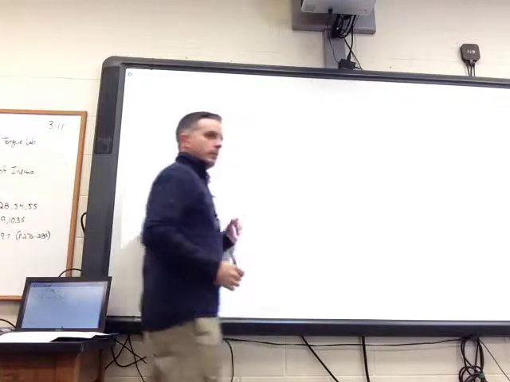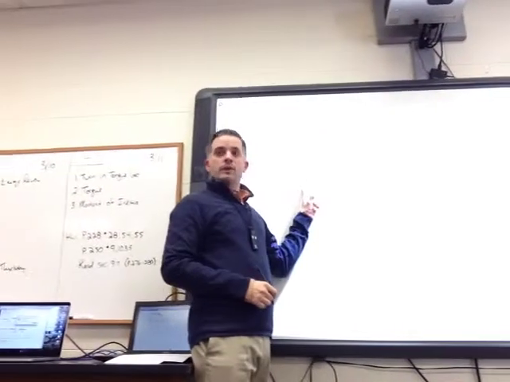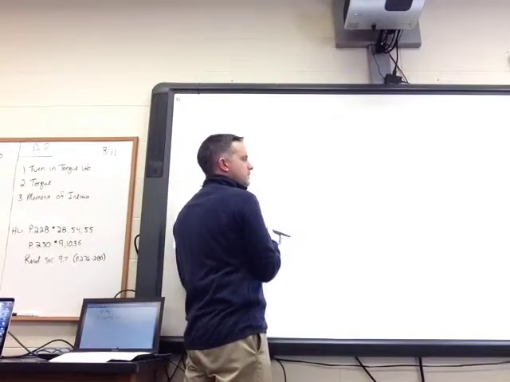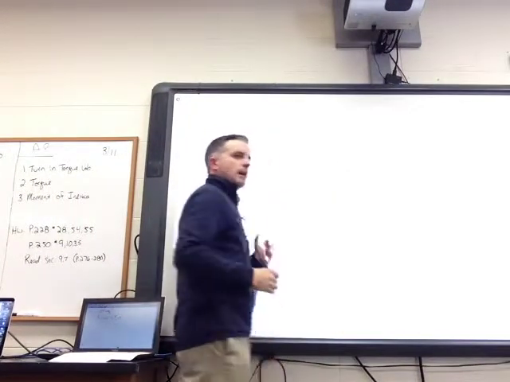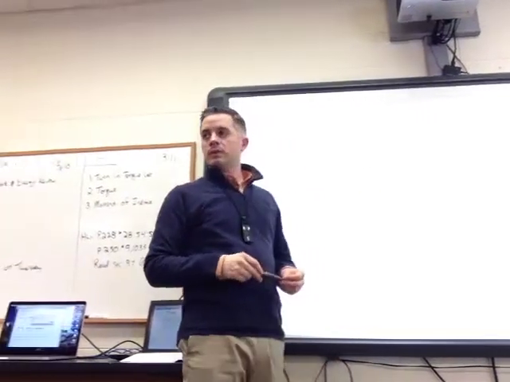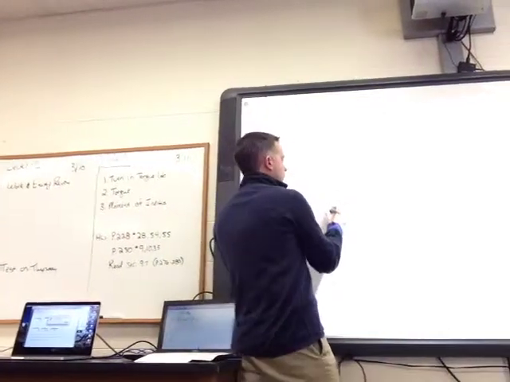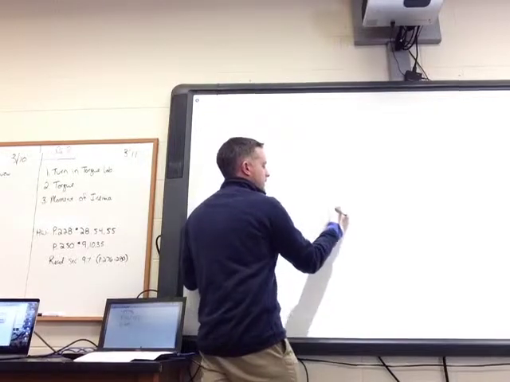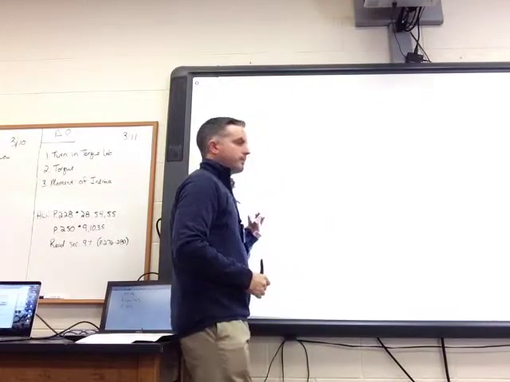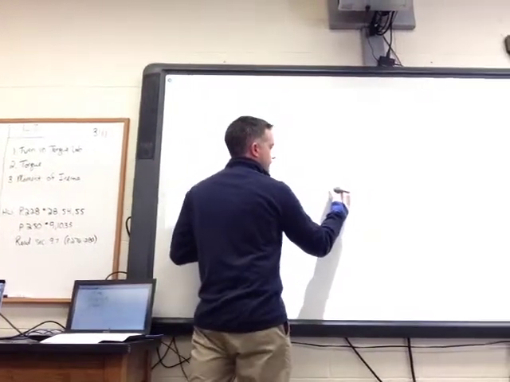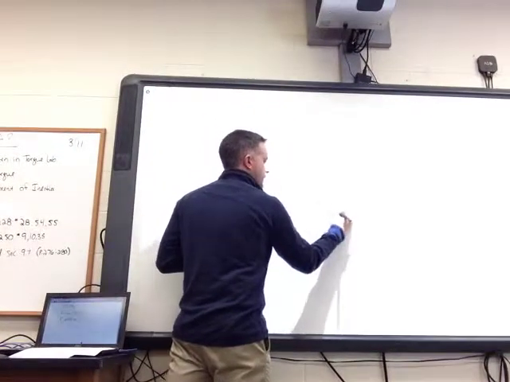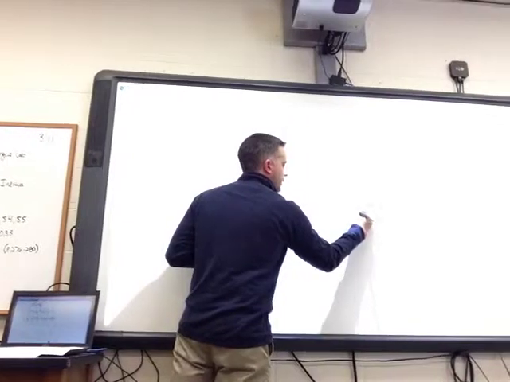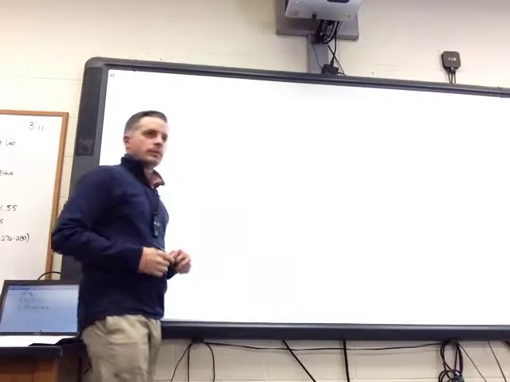And they're all equal to 0. F1's going up, so we give it a positive. The weight of the man is down, so it's negative. The weight of the stretcher is down, so it's negative. And F2 is up, so it's positive. So we get F1 minus the man, which is 60 times 10, mg, minus the weight of the stretcher, 30 times 10, plus 381, and that's equal to 0.